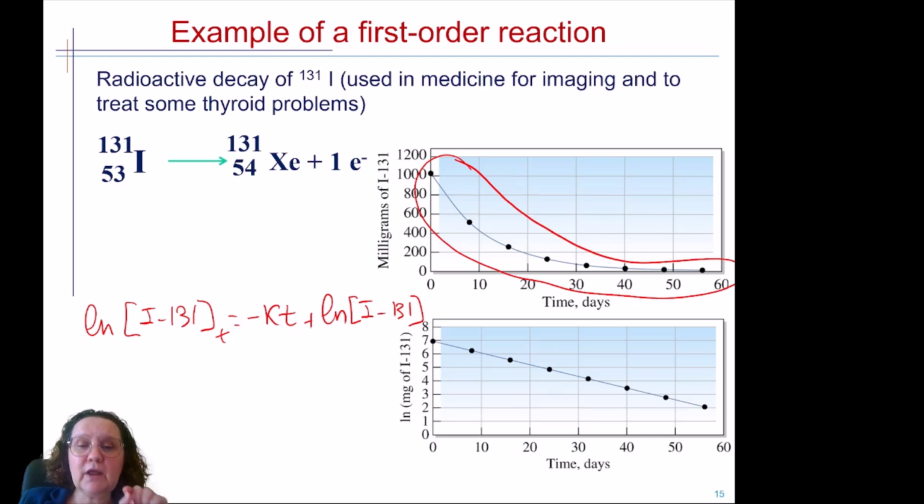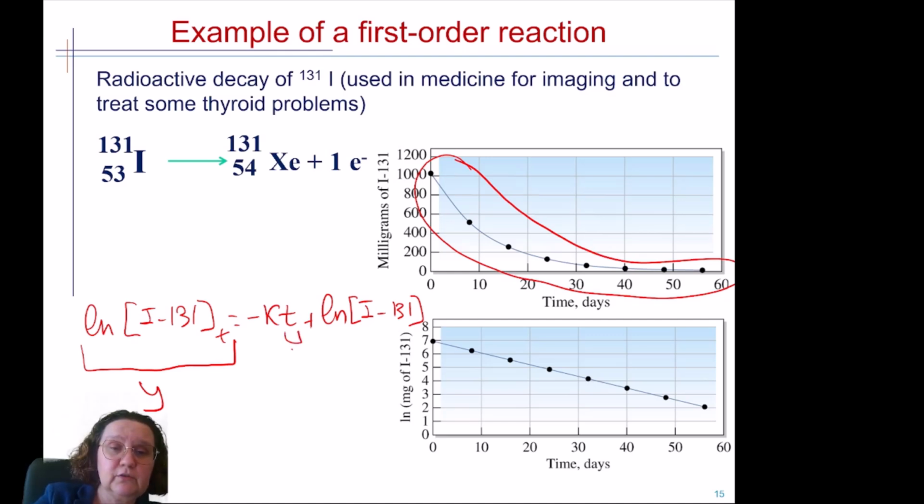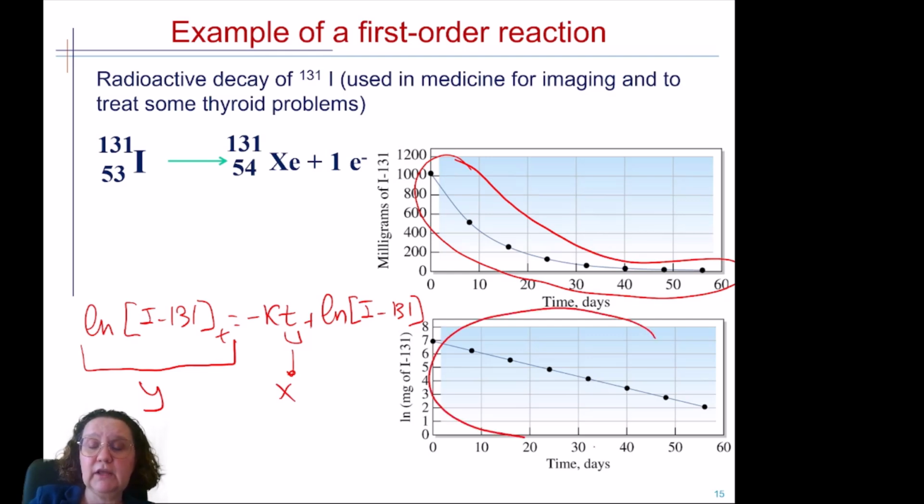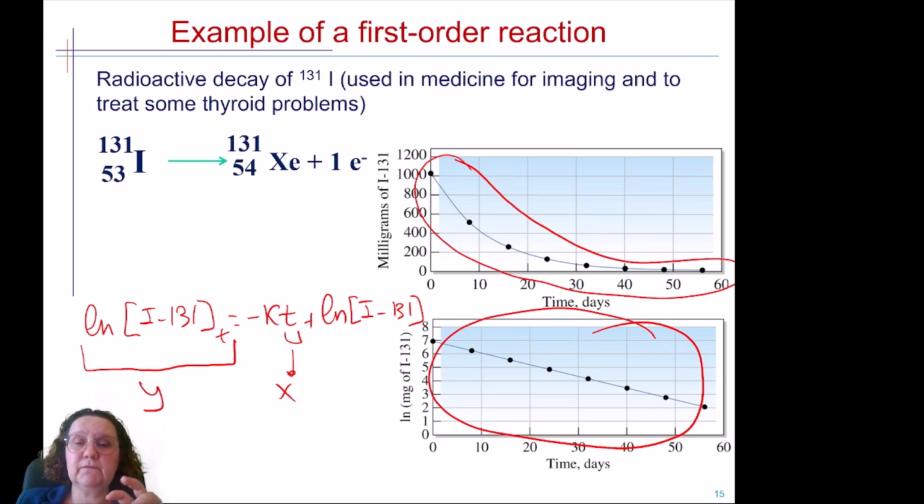Well, if you represent in the y-axis the logarithm in base e of the concentration of iodine 131 versus time, that is a straight line. And this is what I have in the slide, in the image at the bottom: time in the x-axis, log in base e of the concentration of iodine 131.